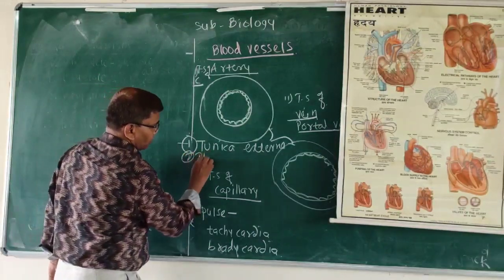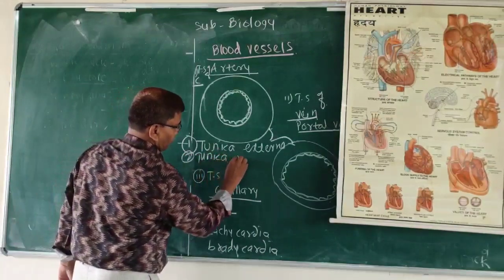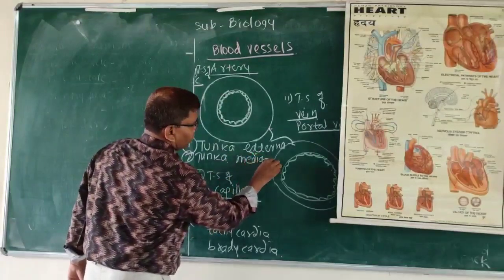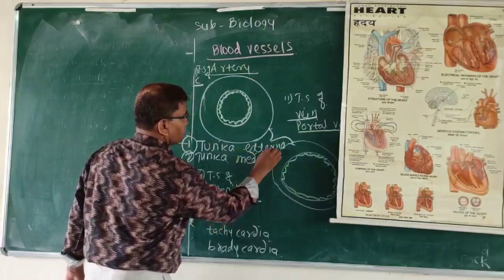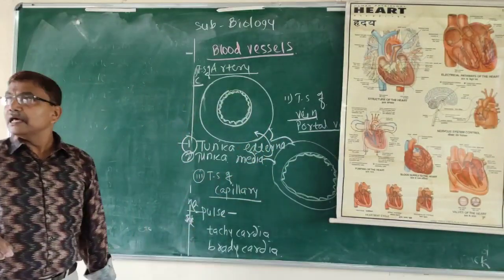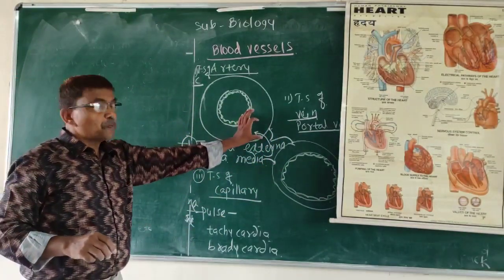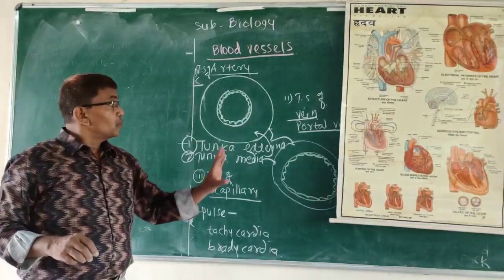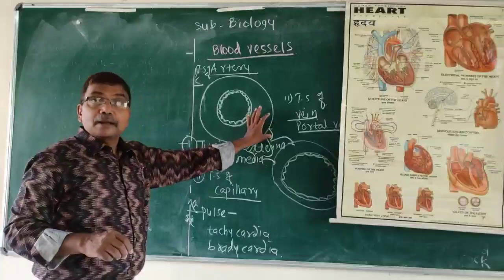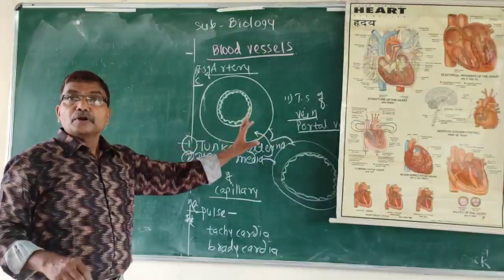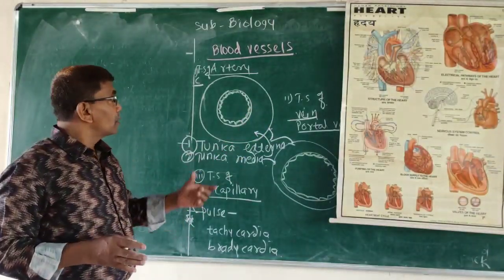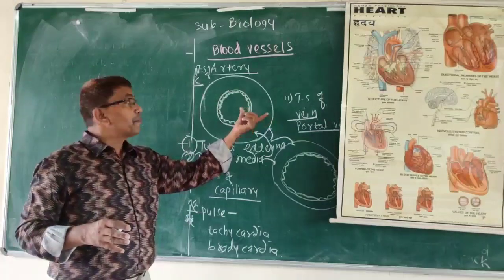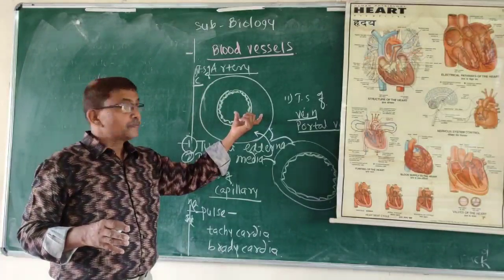Second, the tunica media, the middle layer, which is formed from smooth muscles, helpful to compensate for the blood pressure created by the ventricles.